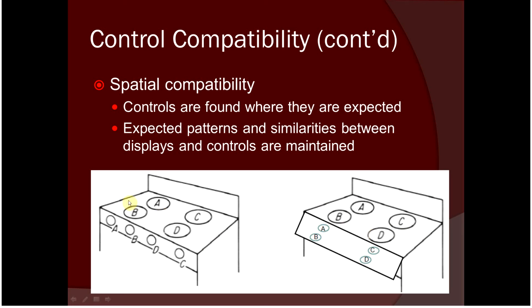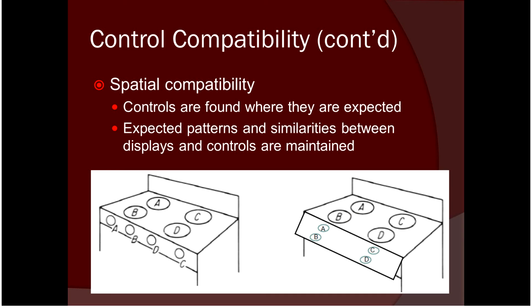Okay, the problem is the controls are not. You typically don't put the control right next to the burner, so that it's obvious that this goes with burner B or whatever, because it gets hot. You have things cooking.